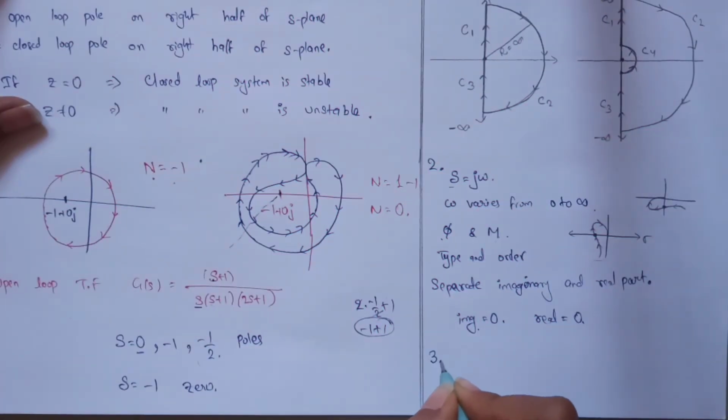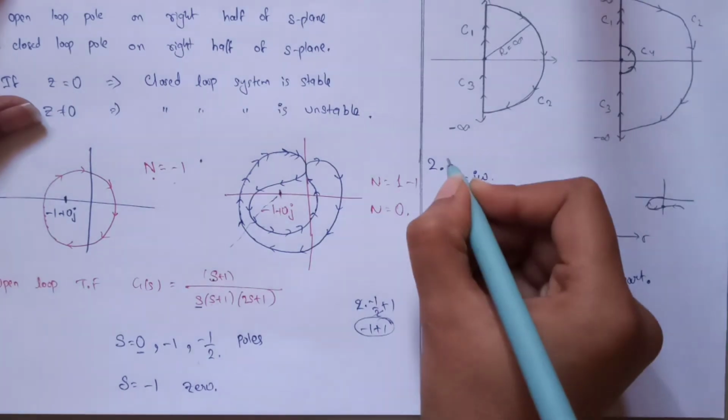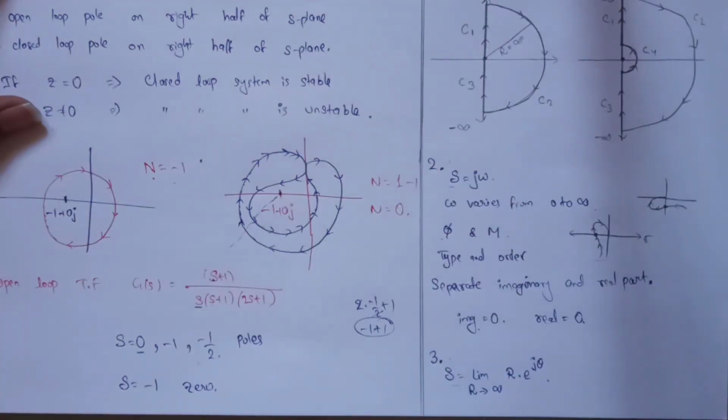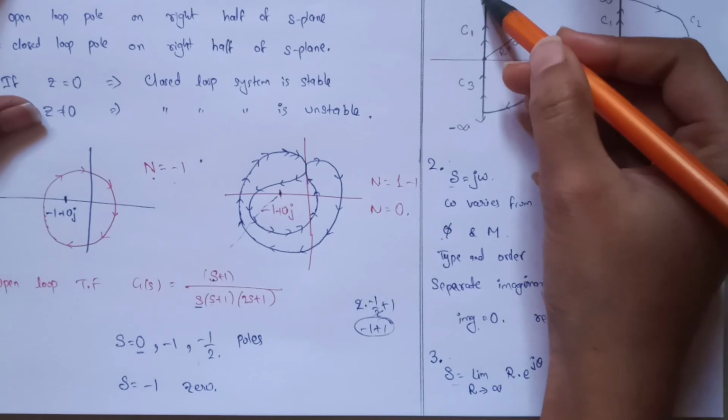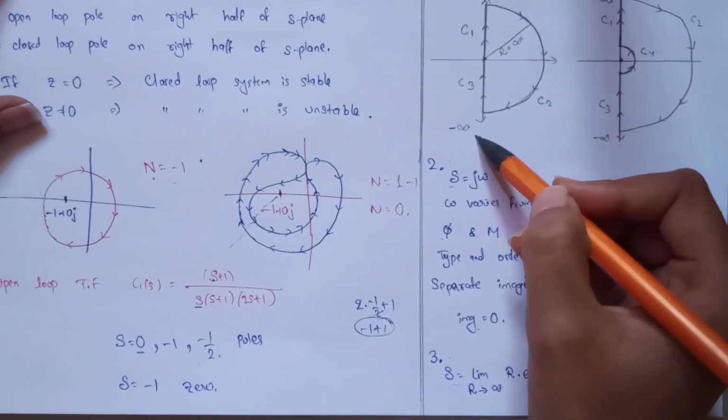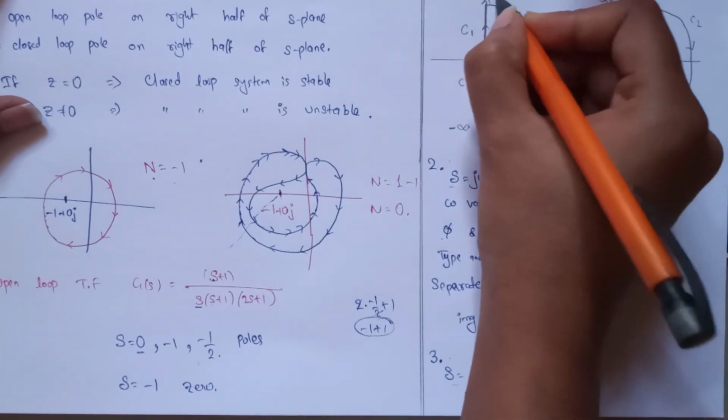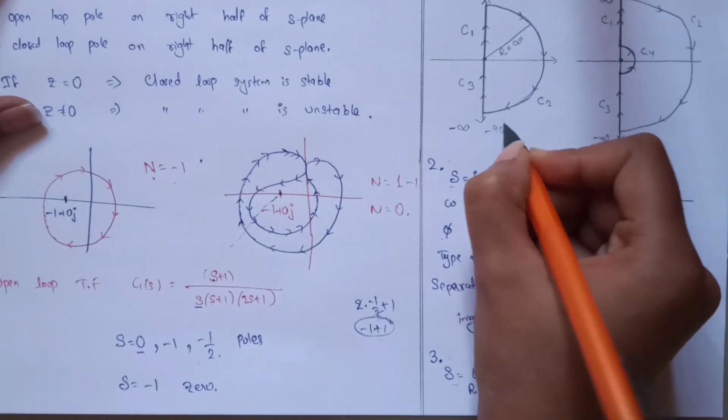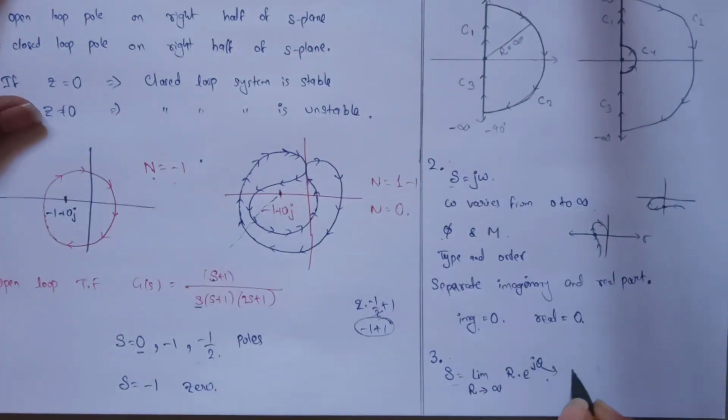So the next step is to put s equals limit capital R tends to infinity, R times e to the power j theta. This is for C1, this is for C2, and here we can see that C2 is coming from plus infinity to minus infinity, but this angle is plus 90 to minus 90. So here this theta is varying from plus 90 to minus 90.